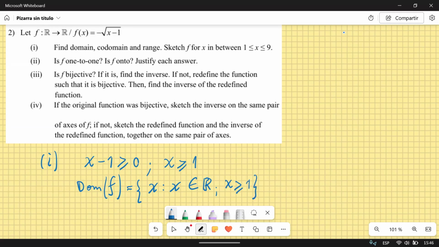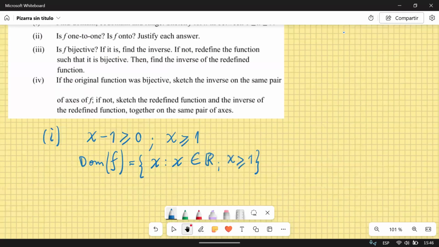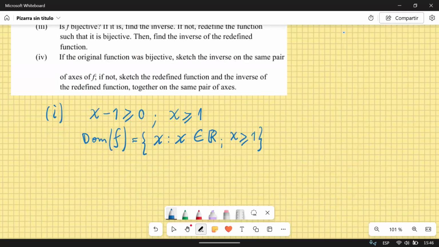The codomain is given by the set that I circled. So the codomain are all the real numbers. Codomain of f, y such that y belongs to reals.